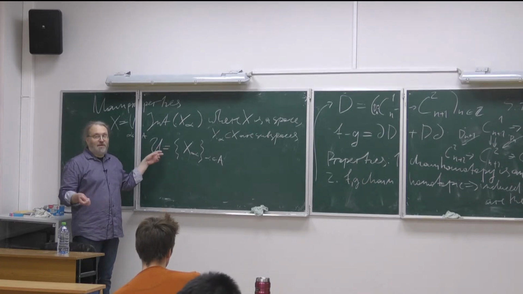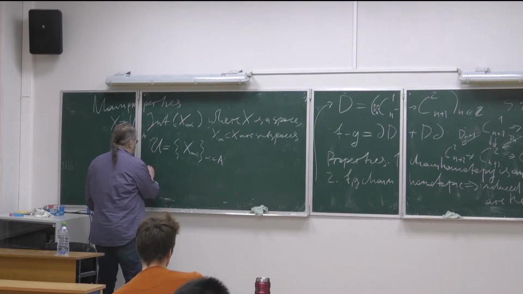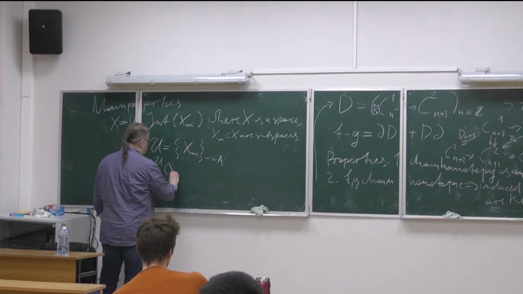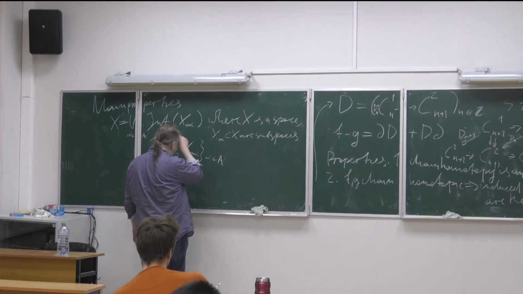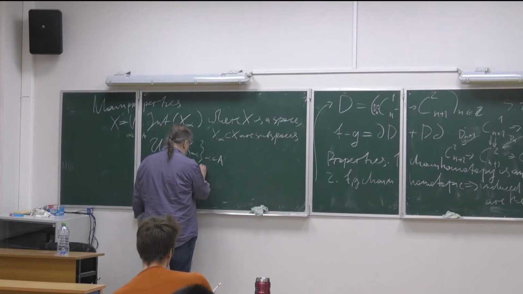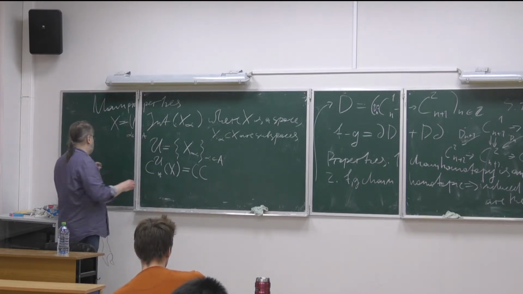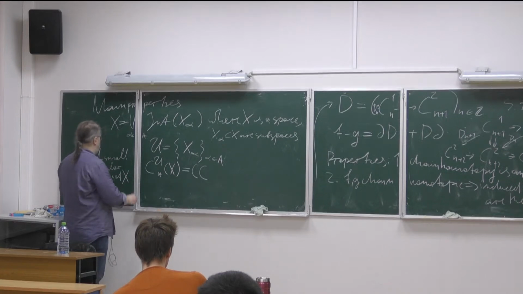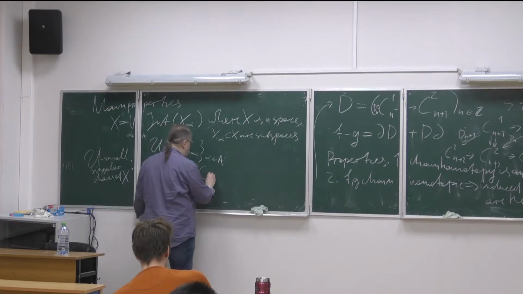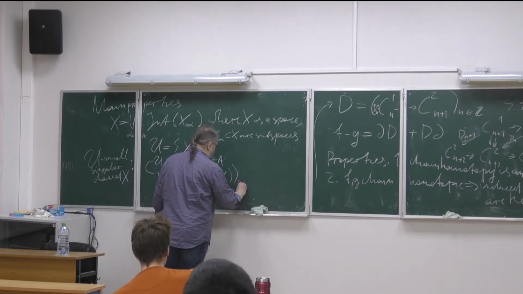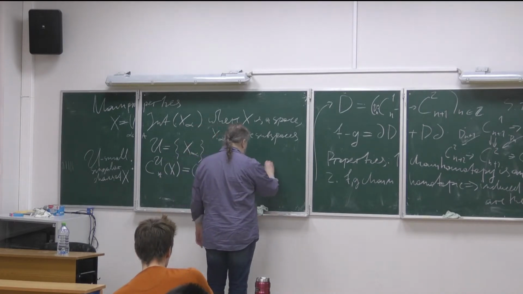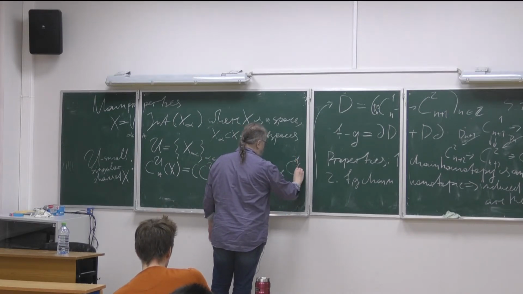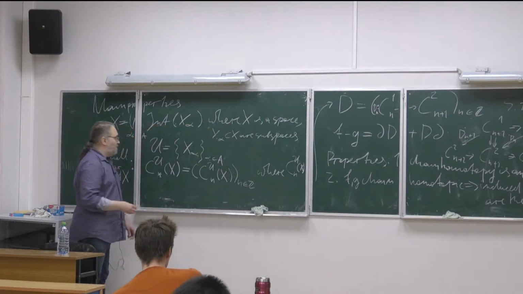So let's just say it's a different U. Anyhow, now I want to define U small chains. What is it?